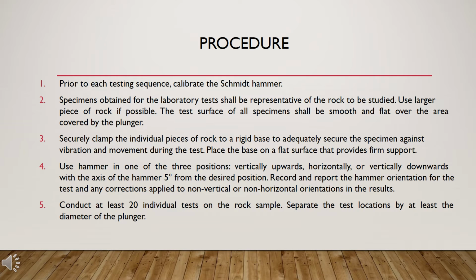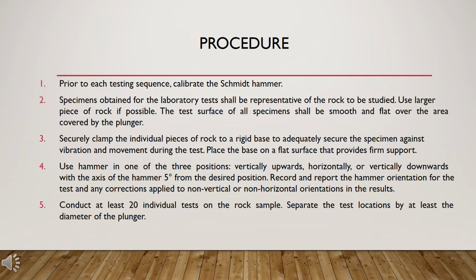Procedure: Number 1. Prior to each testing sequence, calibrate the Schmidt hammer. Number 2. Specimens obtained for the laboratory test should be representative of the rock to be studied. Use a larger piece of rock if possible.